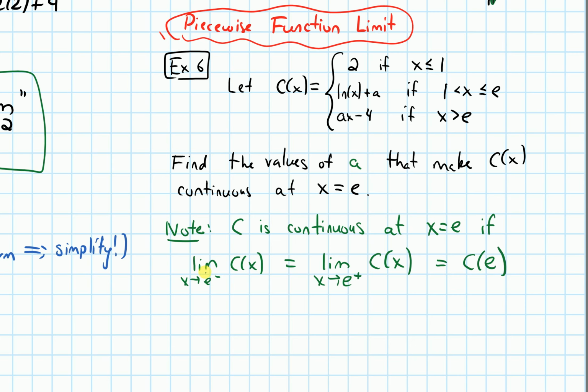So the limit from the left has to equal the limit from the right, and those both have to be equal to the value of the function at the point that we care about.